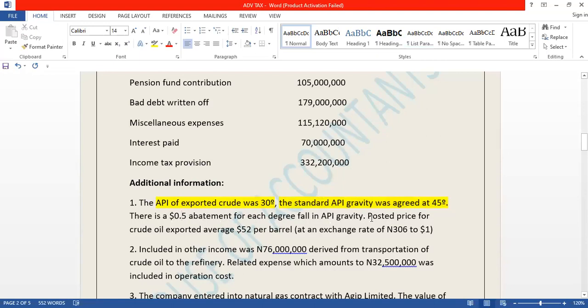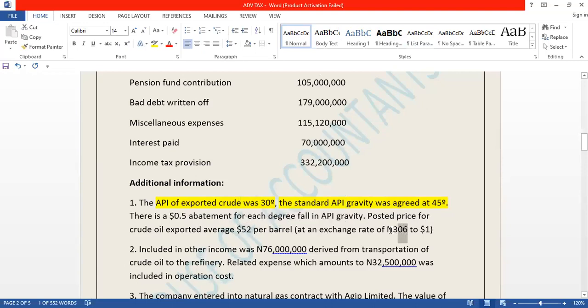Now, posted price for crude oil exported averaged $52 per barrel. What we are saying here is that we have to convert this dollar to naira.